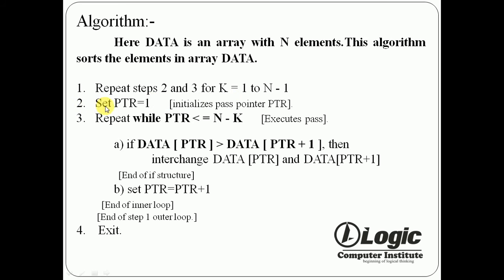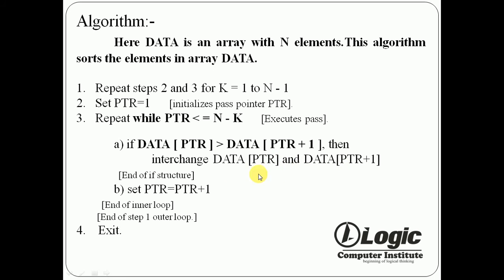In the second step, initialize the pass pointer ptr to 1, which points to the current element. Then step third: repeat while ptr is less than or equal to n minus k. In this loop an if statement is used: if data of ptr is greater than data of ptr plus 1, that is the next element, then interchange data of ptr and data of ptr plus 1.